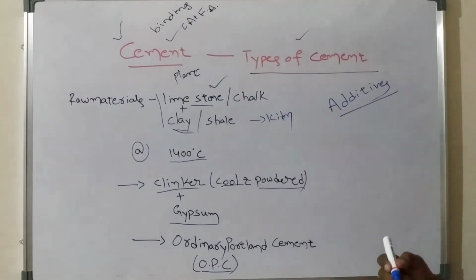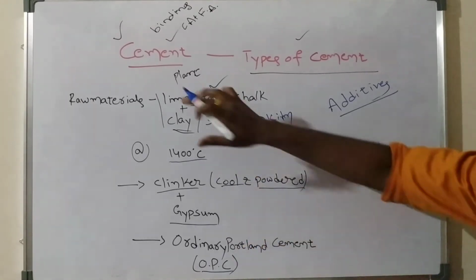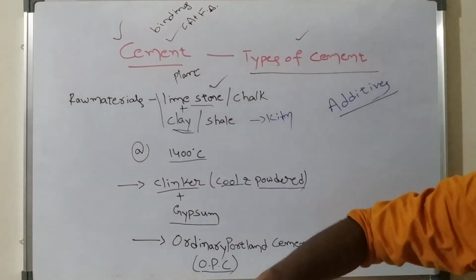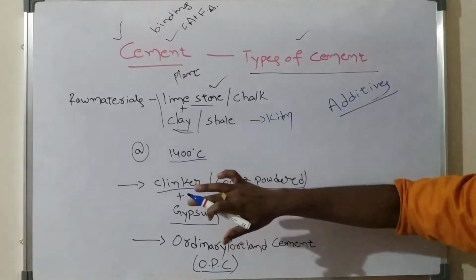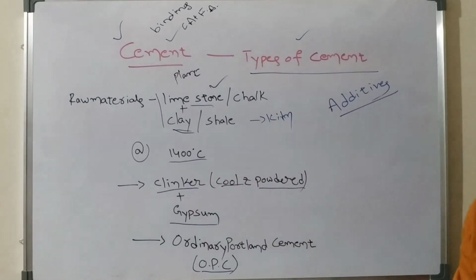It means, if we consider the manufacturing of cement, everywhere throughout the world the quality of raw materials may not be the same, the composition of raw materials may not be the same, and also the environmental conditions, the availability of the required quantity of water, and the required circumstances may or may not be the same.